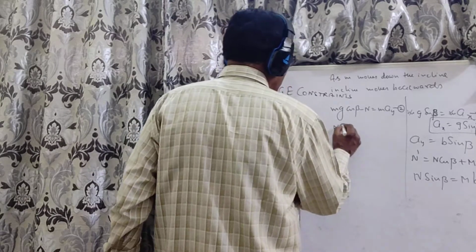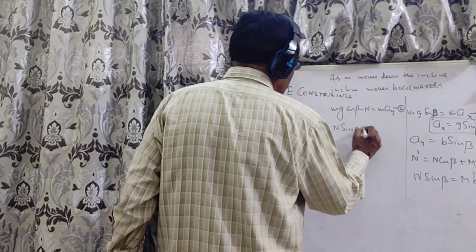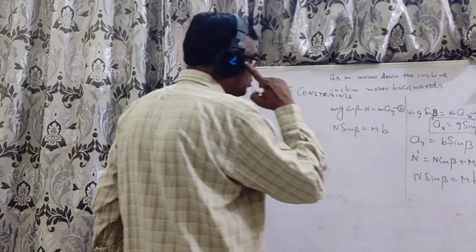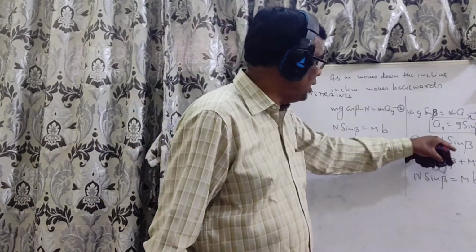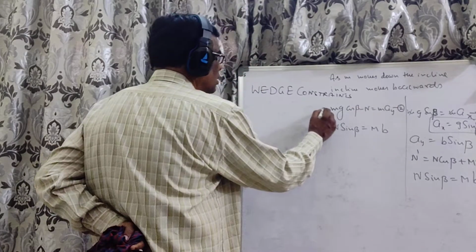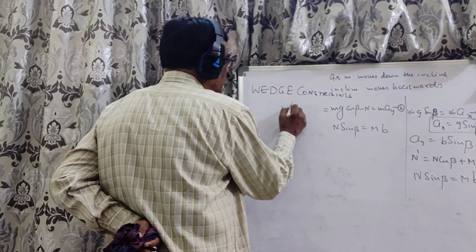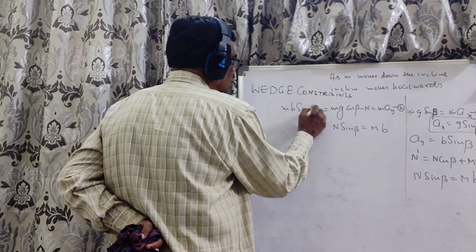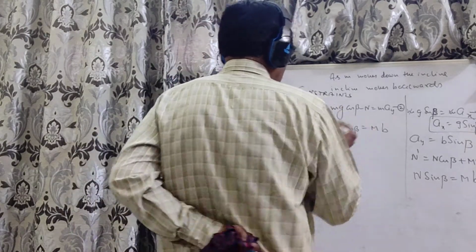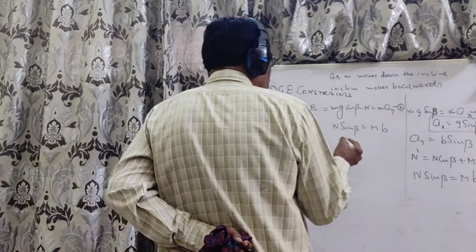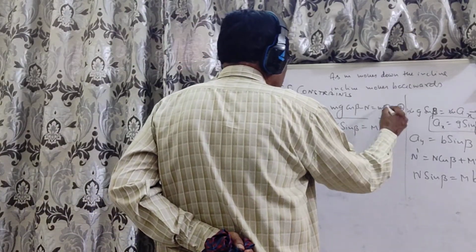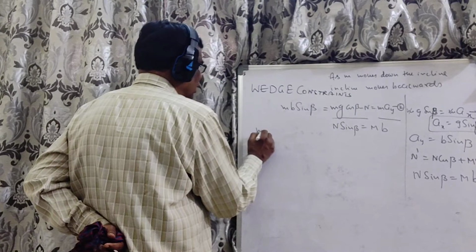So now we look at N sin beta is Mb. And ay is nothing but b sin beta, mb sin beta. Eliminate b so that you will get N. So I try to divide these two. What am I getting?